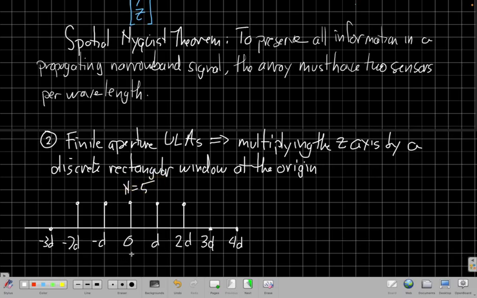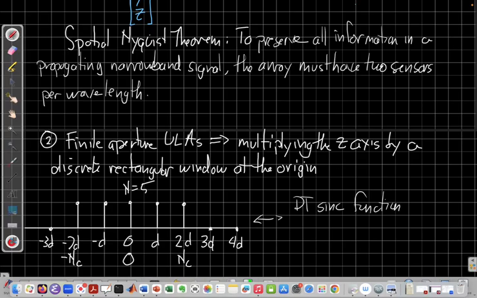More generally, this would be centered at 0 and go from plus n over 2 to minus n over 2 for our odd element array. In general, the Fourier transform of this discrete rectangle will be a discrete-time sinc function. So this turns into a very similar story: we first make periodic copies, and then we convolve with the sinc function that smears them a bit.